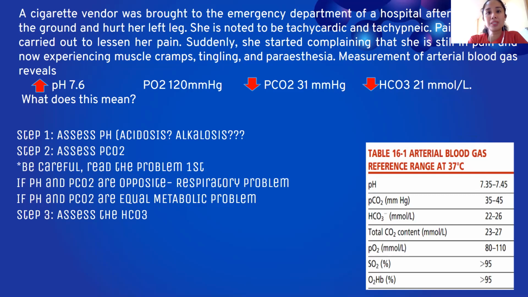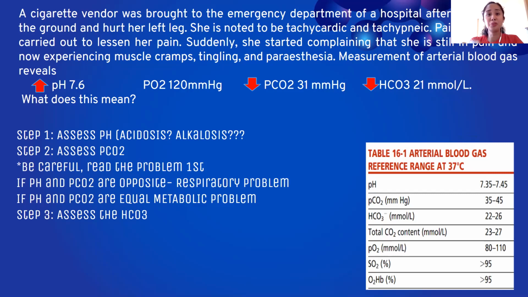So class, from the sound of it, hindi respiratory ang may problema, diba? Parang metabolic. So your pH is 7.6, mataas. Your PCO2 is mababa, 31. So actually, maling sinabi ko. So alkalosis siya, pero the arrows are going to different direction.